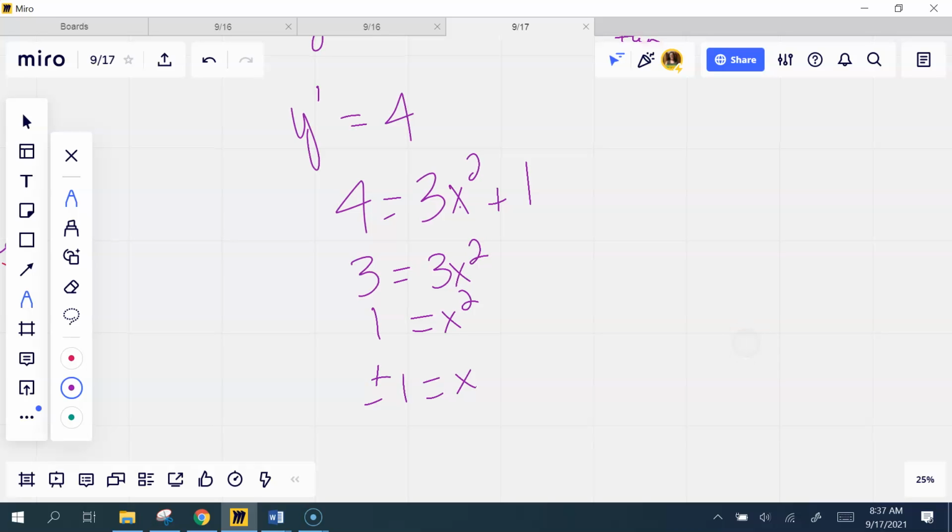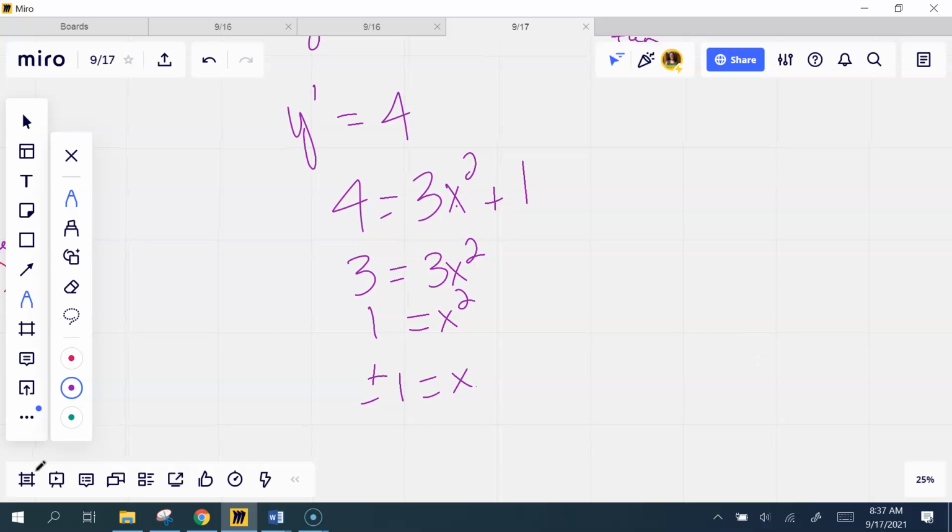Okay, so let's think about this. This is where the slope of tan is 4. If I want to know, and you got to think about this, this is a big question. Where is the slope the smallest? At the max, right?